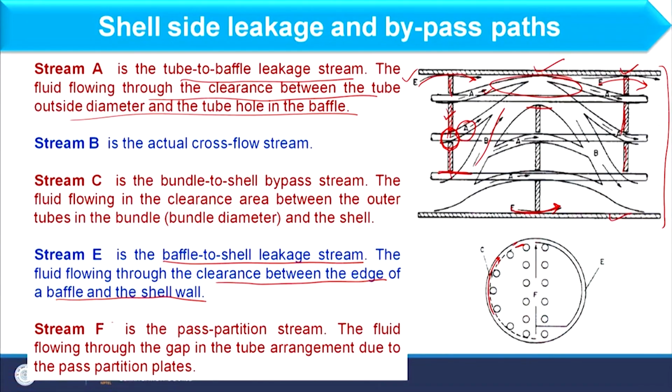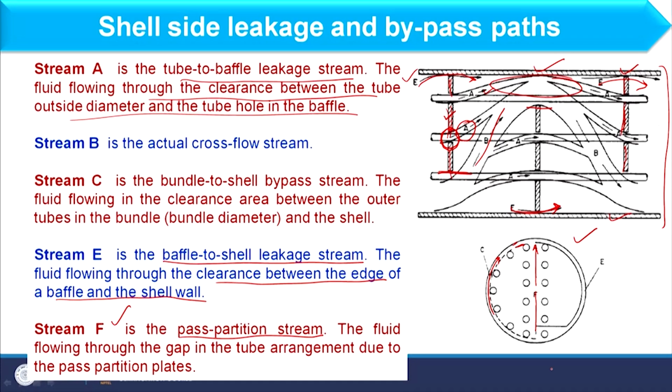And then we will have stream F. Stream F you can consider here in this schematic. Here I am having stream F, and this is basically the pass partition stream. Now, if you consider the partition plate in tube side, corresponding to that plate, whatever region is available in shell side, because as I have told you, the partition plate divides the number of tubes.